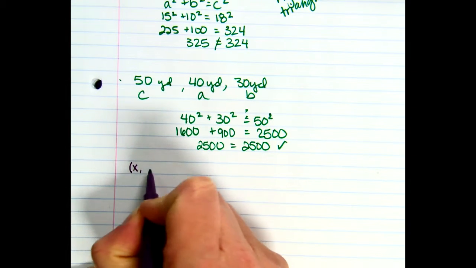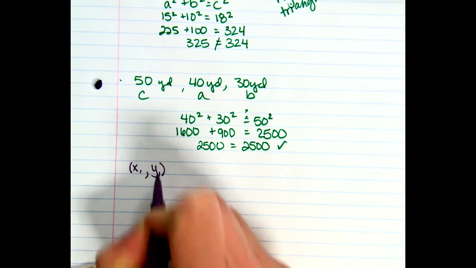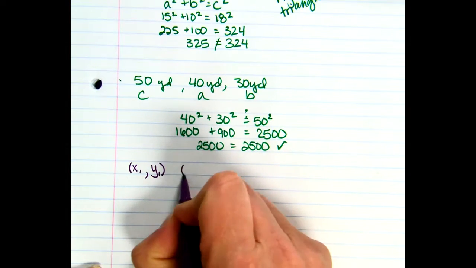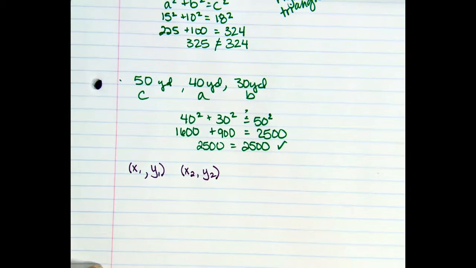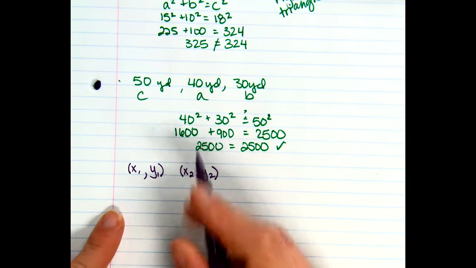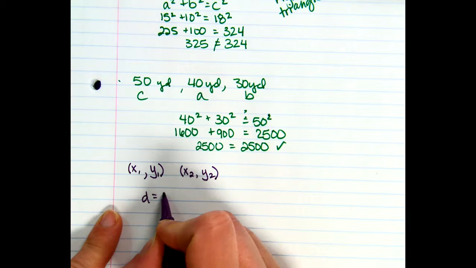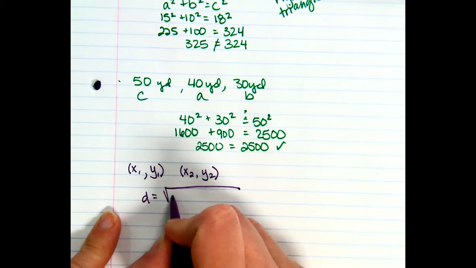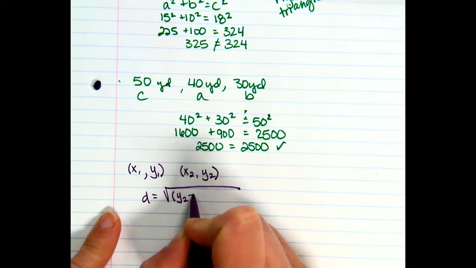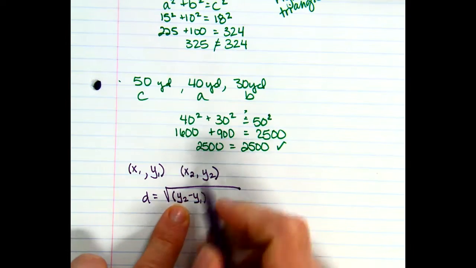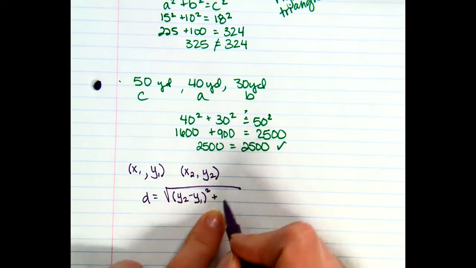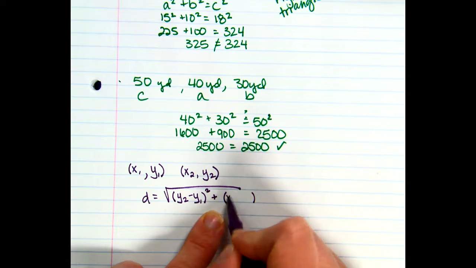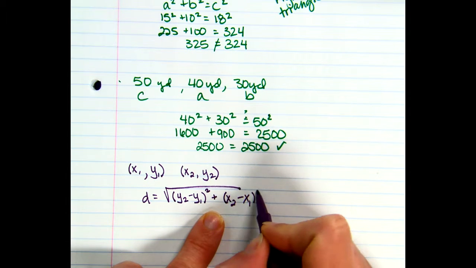If you have 2 points, x1, y1, that's one of your points, and x2, y2, the distance between those points is the square root of y2 minus y1, or the difference in your y's, squared, plus the difference in your x's, squared.